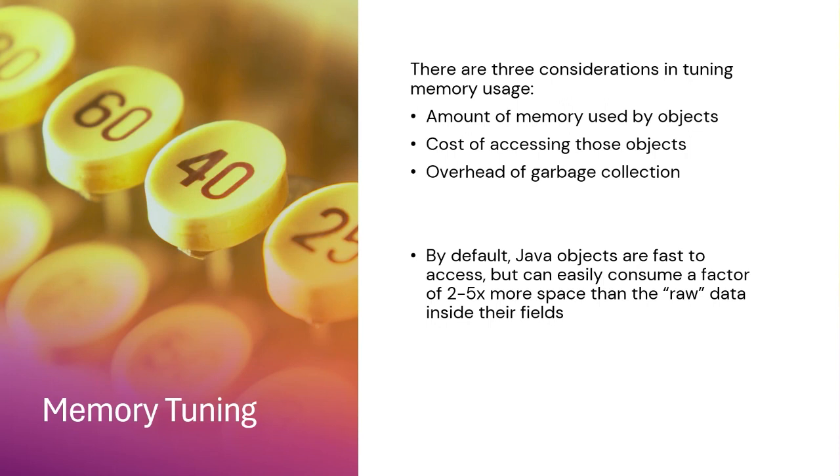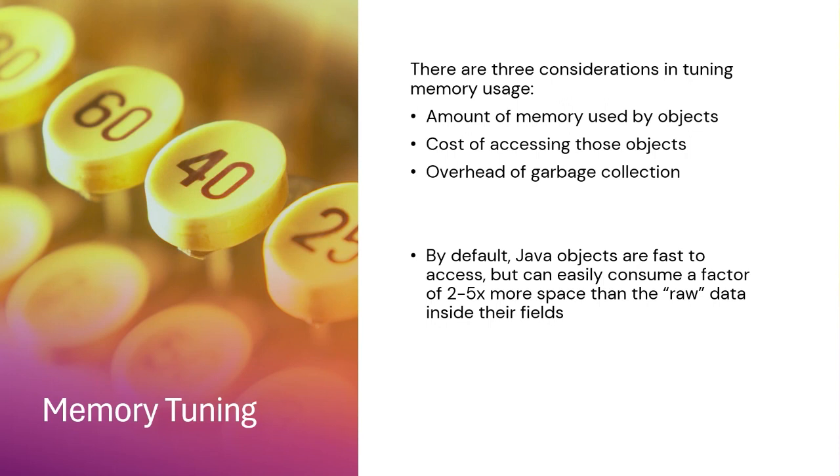Now the other important thing is memory tuning, because of course when we are writing a Spark application and running it, there are objects or operations that are going to be performed in the memory. Now how do we control or tune that?